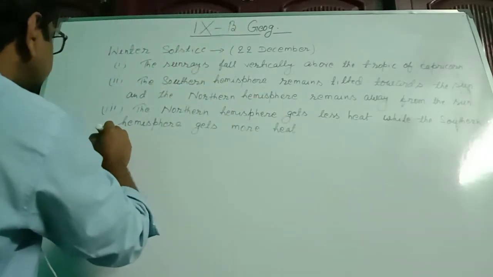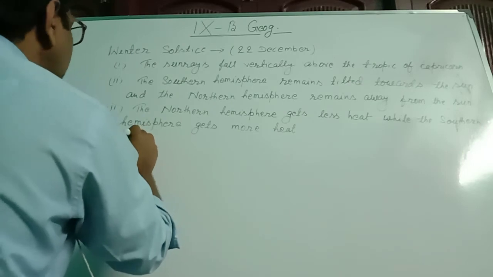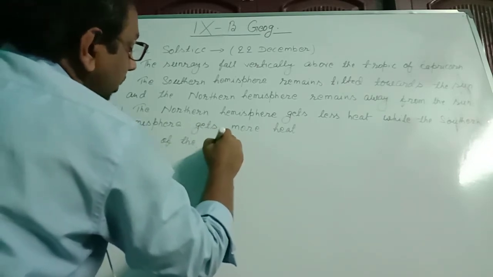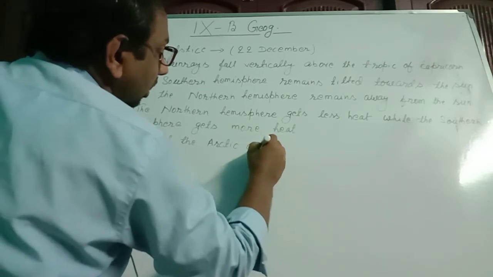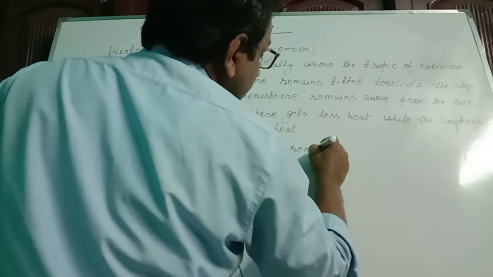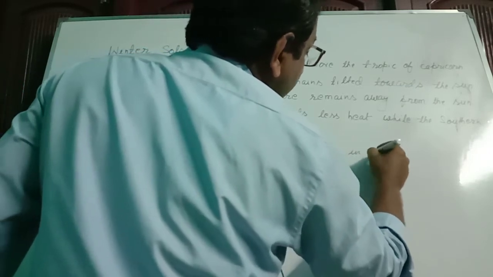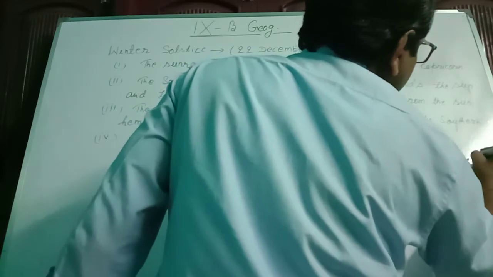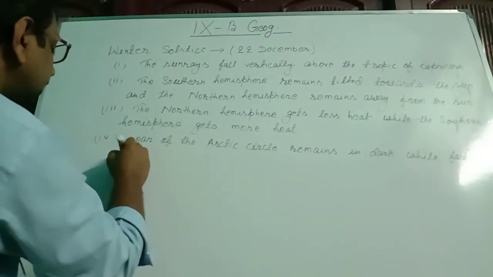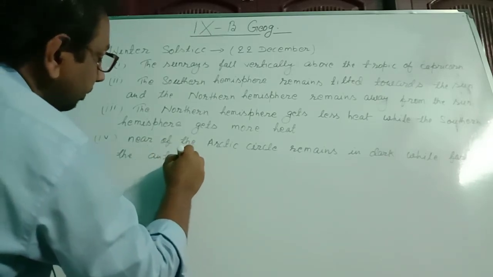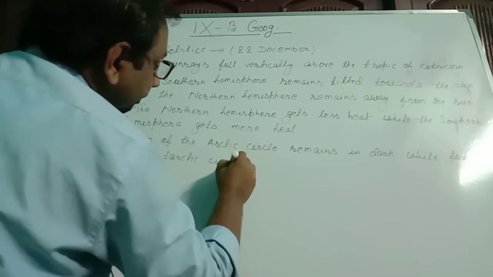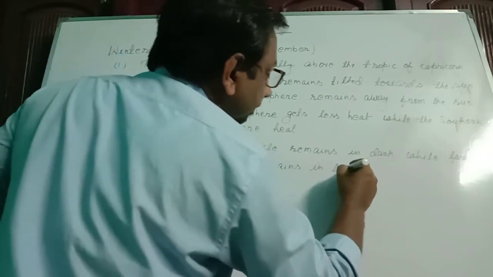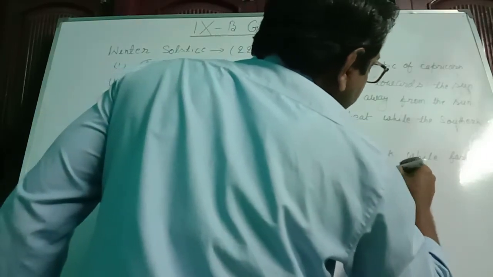Next feature, near of the Arctic Circle remains in dark, while far of the Antarctic Circle remains in light of the earth.